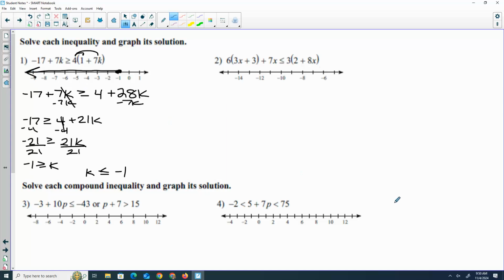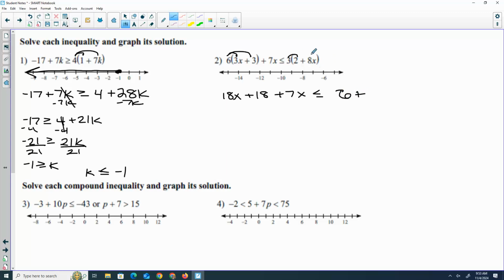Okay, I want you guys to try number 2. So solve it and graph it. What'd you guys do first? Okay, so if we distribute the 6, we get 18x plus 18 plus the 7x is less than or equal to, can we go ahead and distribute this 3? Yes.